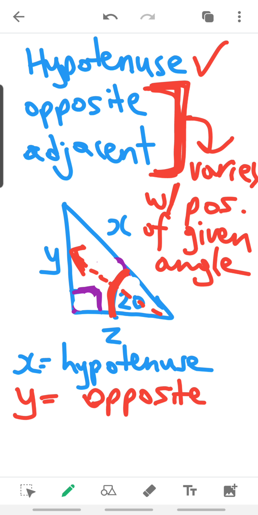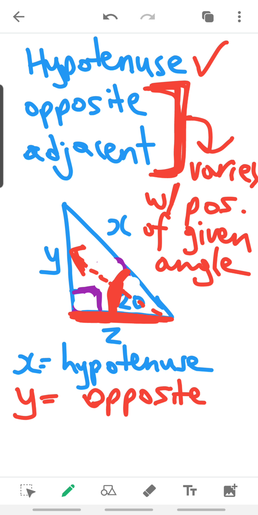And now we're going to try and identify our adjacent side. So once again, our adjacent side depends on where our given angle is. Our given angle is still 20 degrees because it's the same triangle. And we're simply going to look for the side that's right next to this angle. The side that's right next to this angle is this side here. We can see that this is the angle here, and this side is literally right next to this angle.